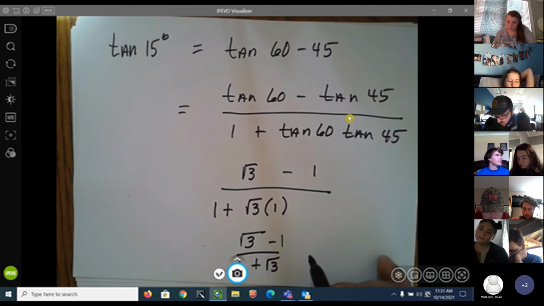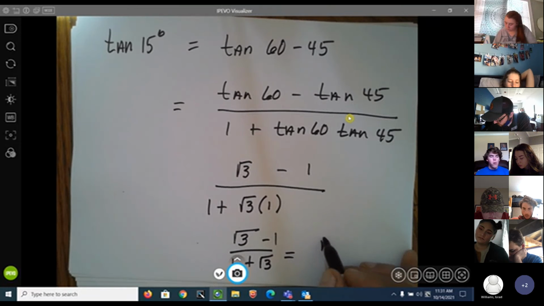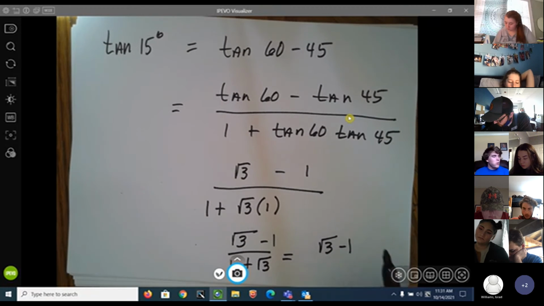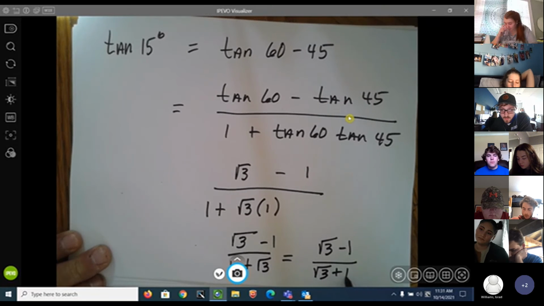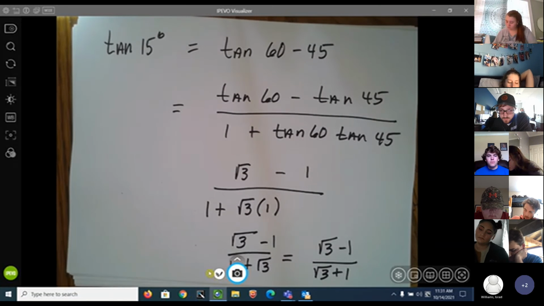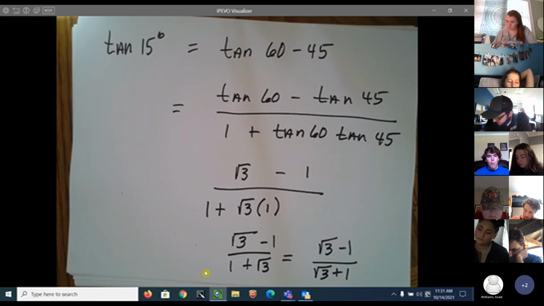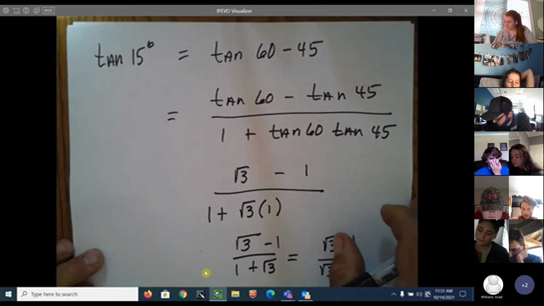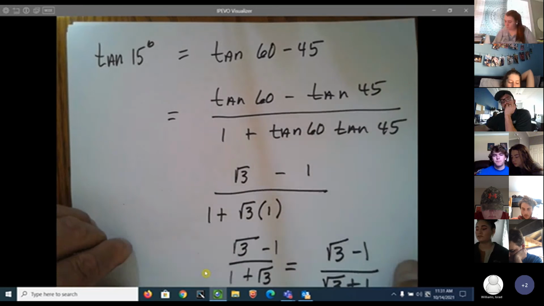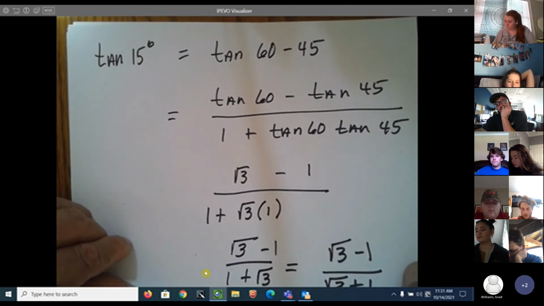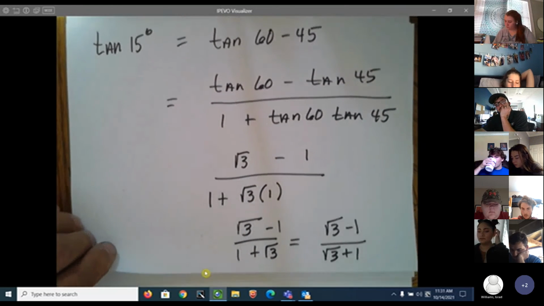And you could say the square root of 3 minus 1 over the square root of 3 plus 1. I'm going to do the conjugate, because if they've already got an answer for you, and you got to match it, chances are you got to simplify it.